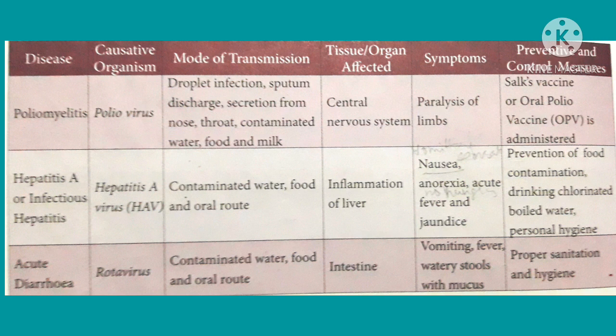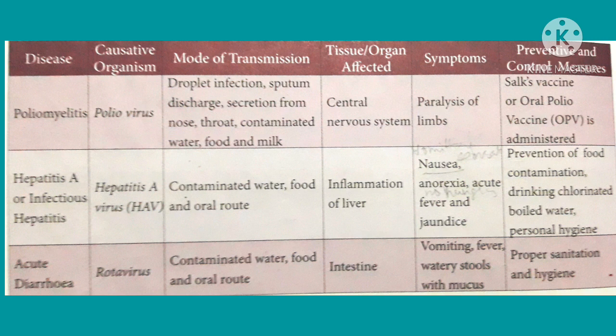Then symptoms, how to find out the person is affected by hepatitis A? Nausea, anorexia, acute fever and jaundice. So the person will have a vomiting sensation, no hunger, fever as well as jaundice.